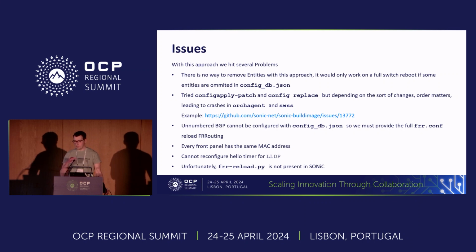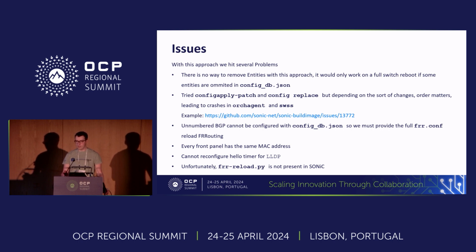Yes. We started the migration from Cumulus to SONiC in early 2022. And of course, you can try to use config load, but config load will reset the whole switch state, all links go down, and forwarding state is lost. So we need a solution that doesn't reset the state of a switch.